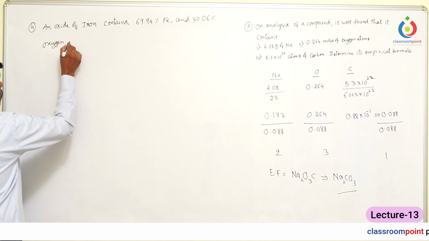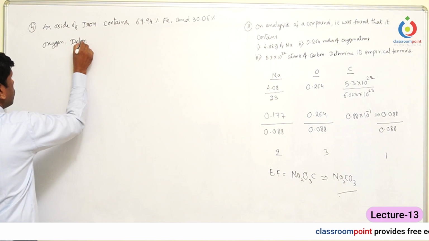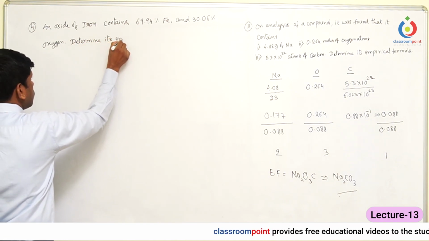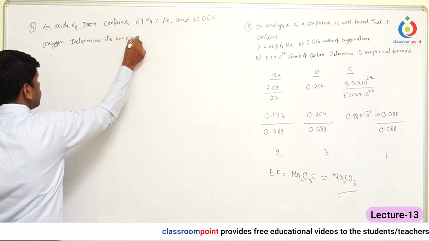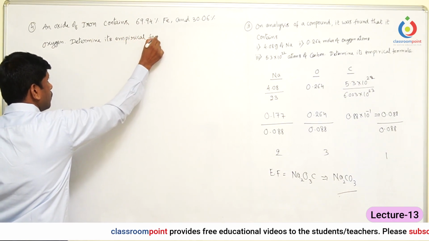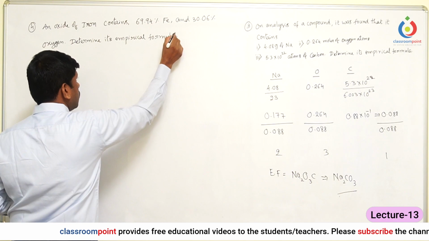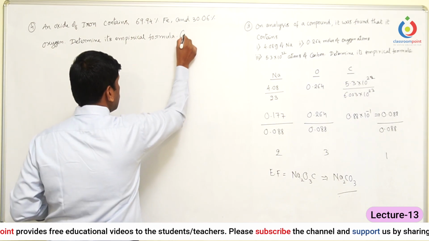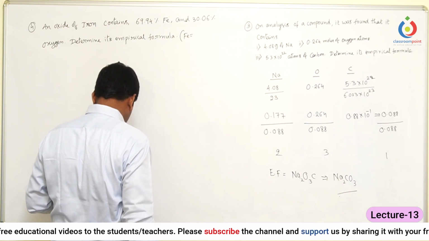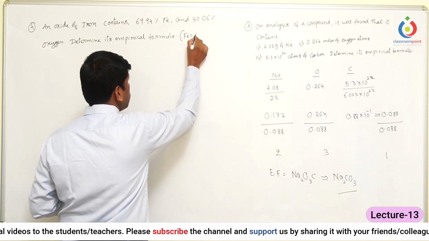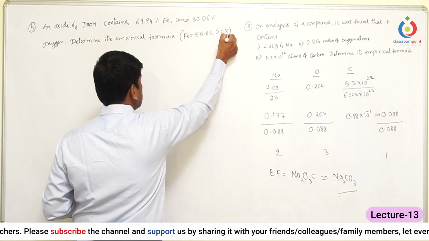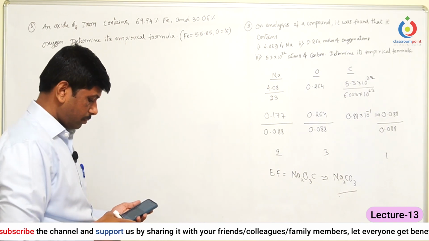Determine its empirical formula. So here atomic mass is also provided. Given that the atomic mass of iron is 55.85 and oxygen is 16.